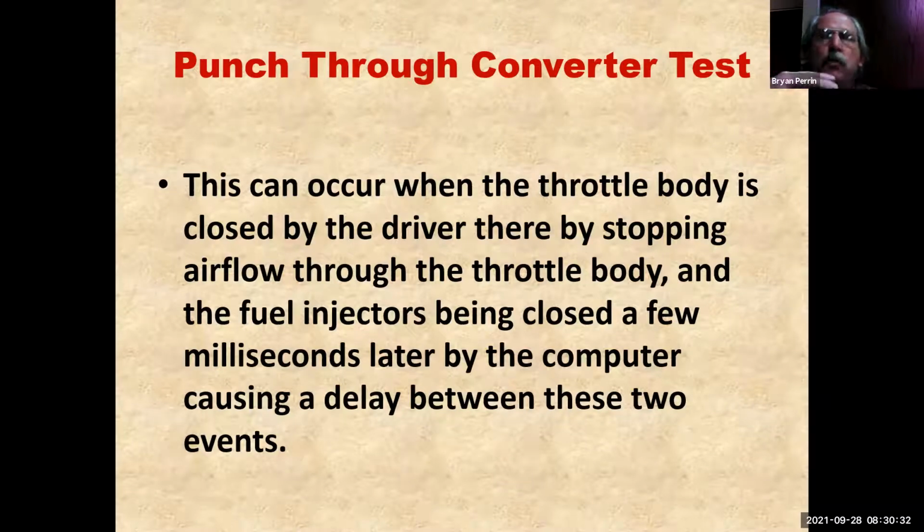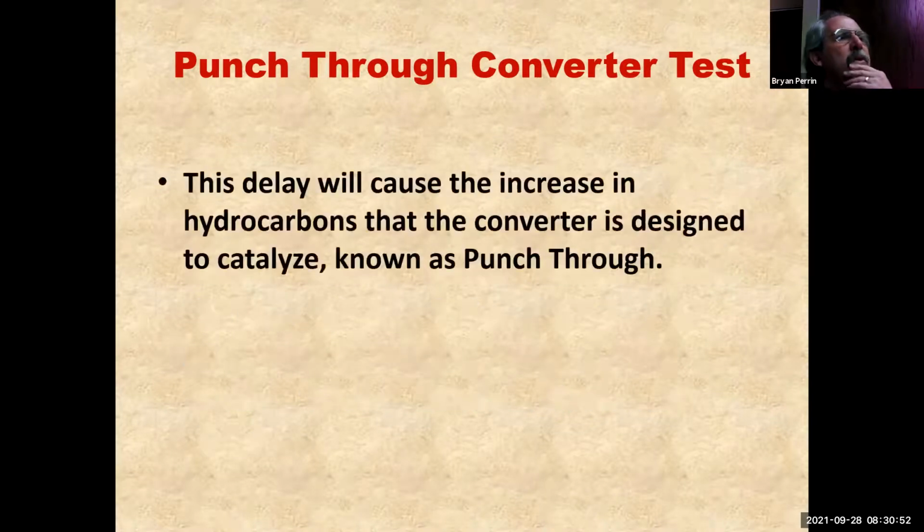I'm going to get some fuel before we turn them off. And by understanding that, now I can do this in a service bay. I can hold the engine at 2,000 RPM and let go of the throttle, and I'm going to do the same thing that happens as I go down the road. The delay will cause an increase in hydrocarbons that the converter is designed to catalyze, known as punch through.